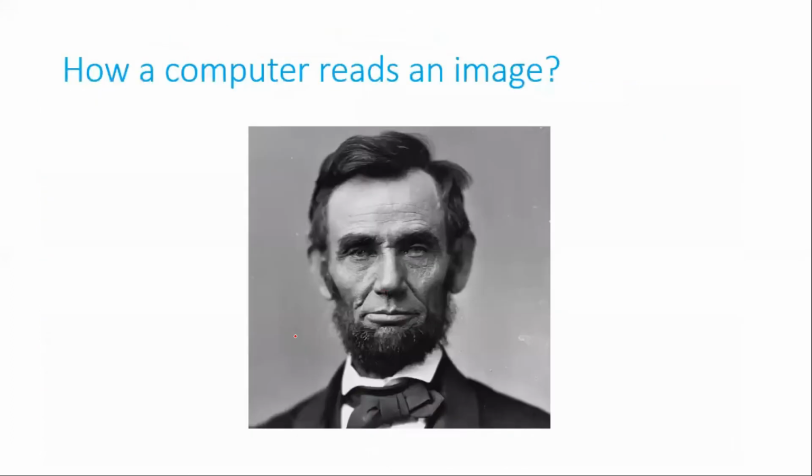Now we are going to talk about how a computer reads an image. If we see this particular image, it really looks like a normal image, right? But that is not how a computer reads it. It actually reads it in the form of a NumPy array, or you can call it a matrix. This is actually how the image looks. It's a bunch of pixels. These mathematical values are called pixels, which are the smallest unit of an image, and that is what an image is made up of.